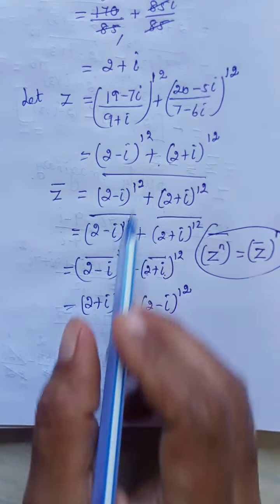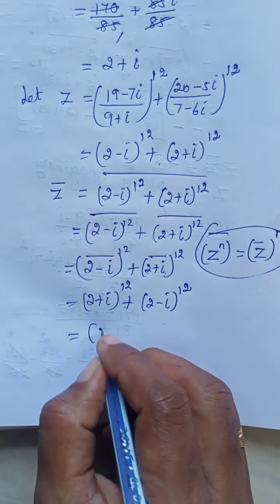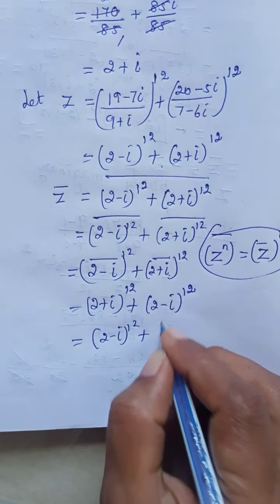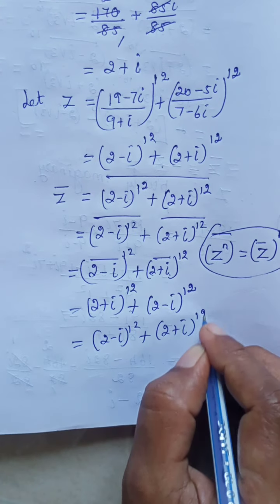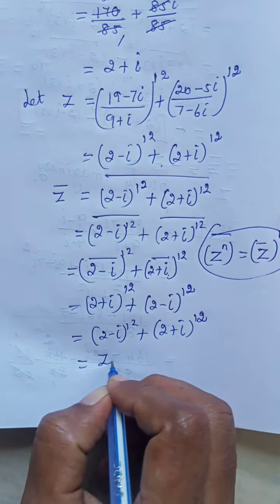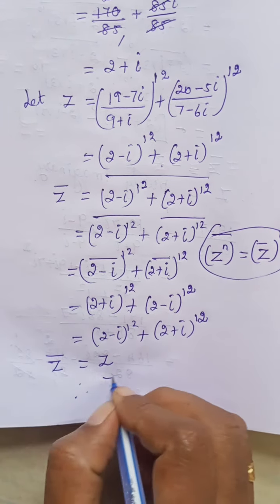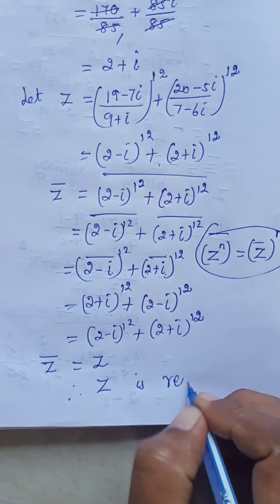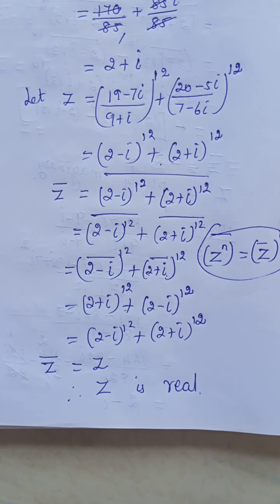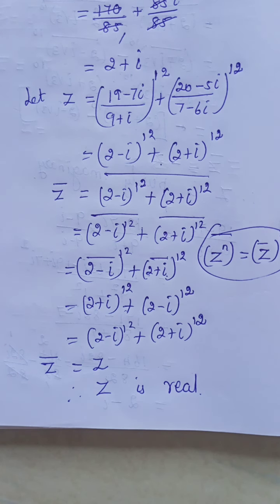So this I can write as 2 minus i power 12 plus 2 plus i power 12. This is Z. So Z bar is equal to Z. Therefore, Z is real. Is that clear? The condition for a real number is Z bar equal to Z, and the condition for purely imaginary is Z bar equal to minus Z. So using that condition we have completed the two problems.